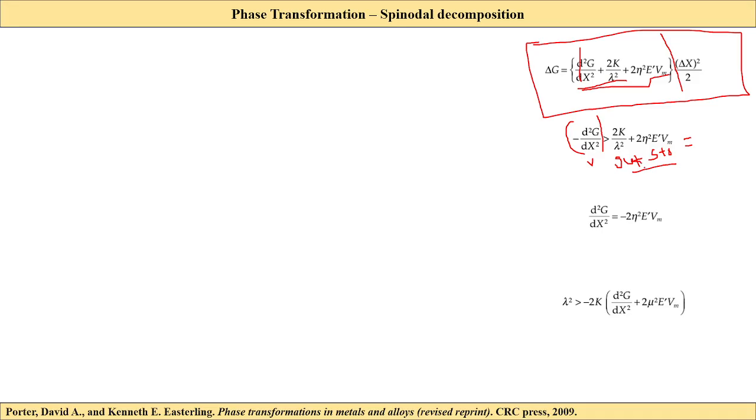So my volumetric free energy must be greater than my surface energy and also my strain energy. Only then will you have a spinodal decomposition. So that is the criterion for spinodal decomposition to occur.